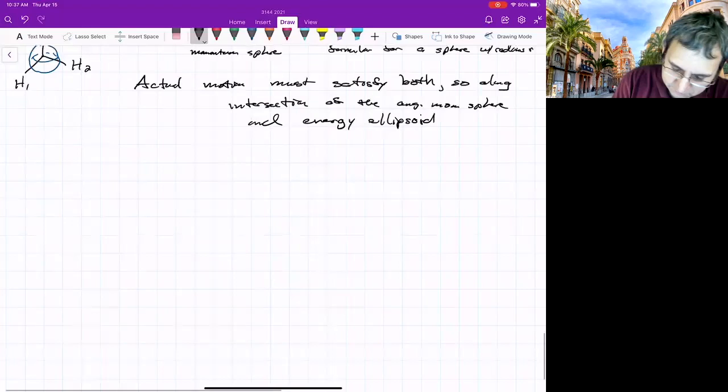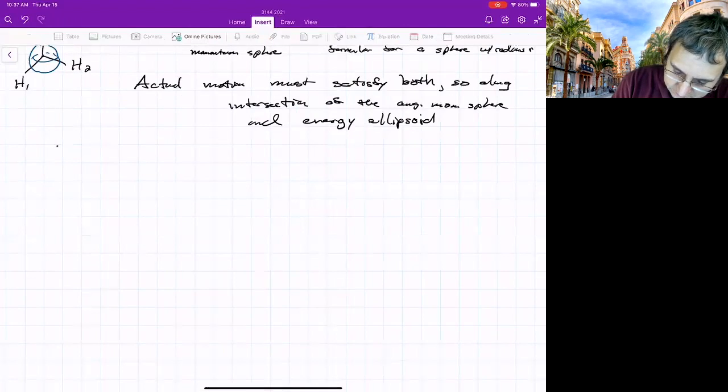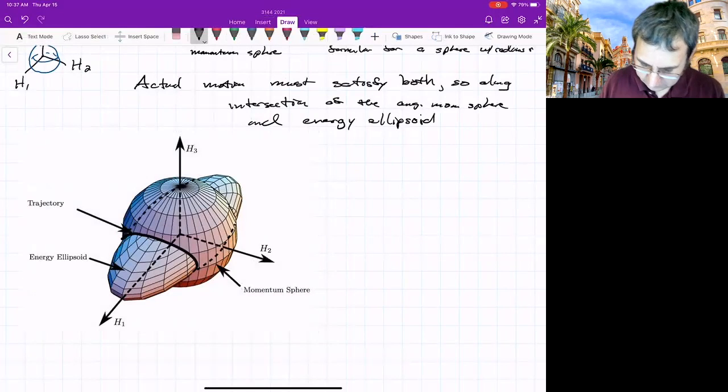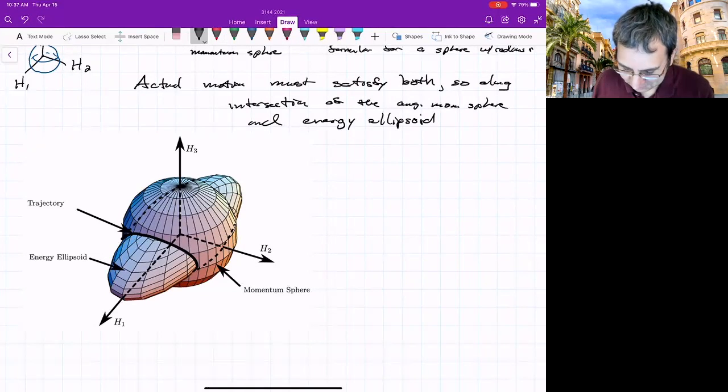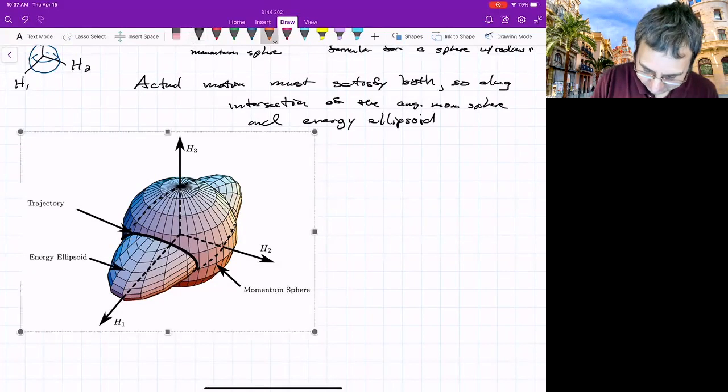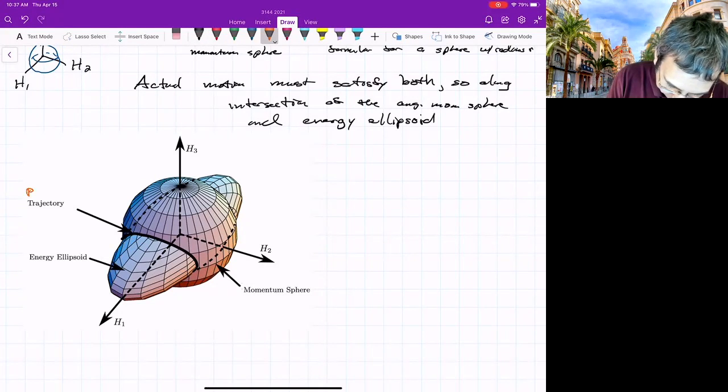So there's a nice geometric picture that we can consider of what is happening here. It's showing a MATLABized sphere, the momentum sphere, and then the energy ellipsoid. A possible trajectory has to be along the intersection of the two things.